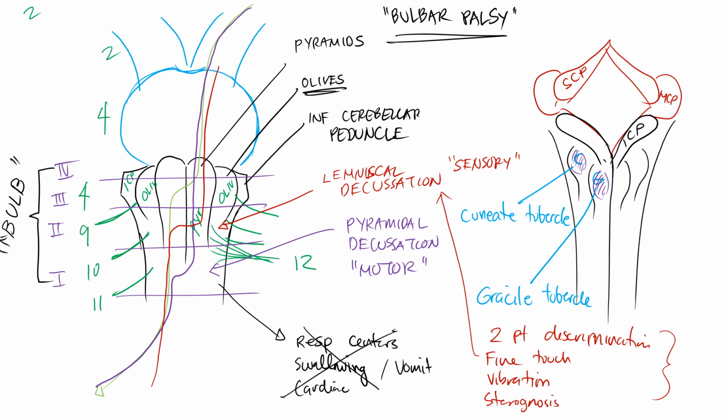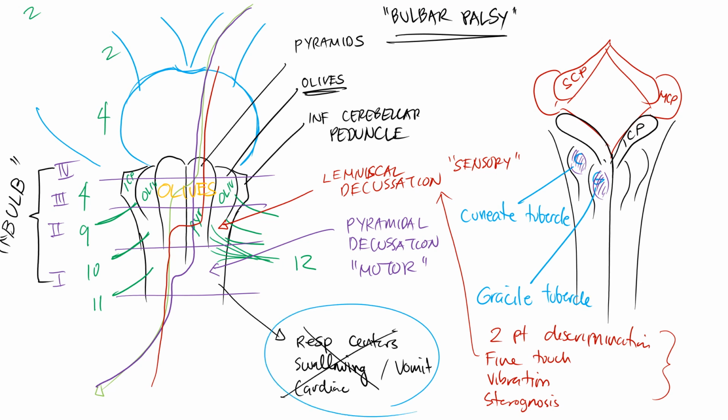The third level is the level of your olives, and we all know olivary nuclei are relay stations for your cerebellum. And the most superior part is the level just below the pons. Anyway, just remember, when you're talking about the medulla, you're talking about life support systems.